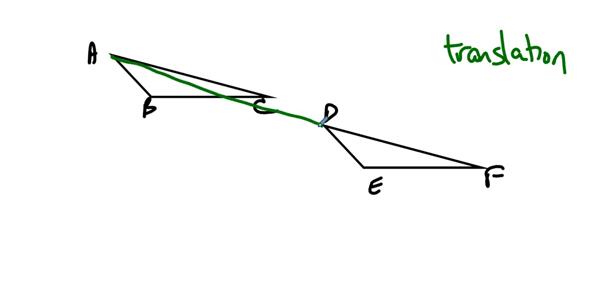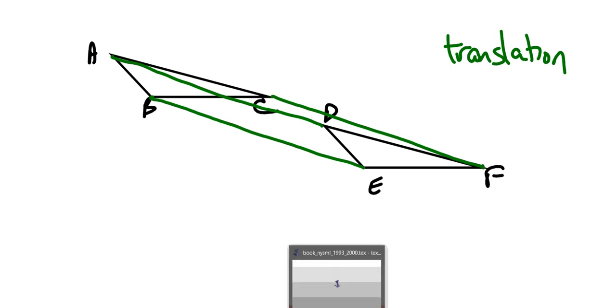The segment from A to D, the segment from B to E, the segment from C to F, they're all congruent. And you draw the perpendicular bisectors and they don't cross. And if they don't cross, then we can't do anything with that, right?